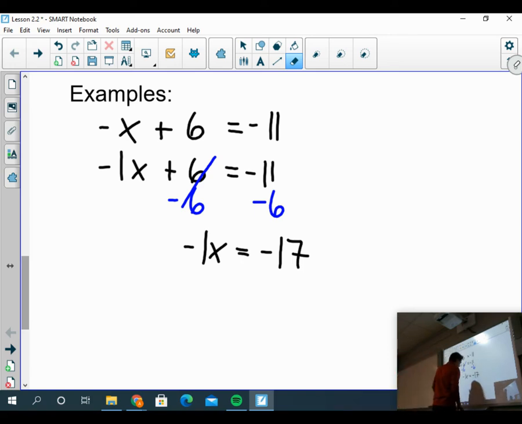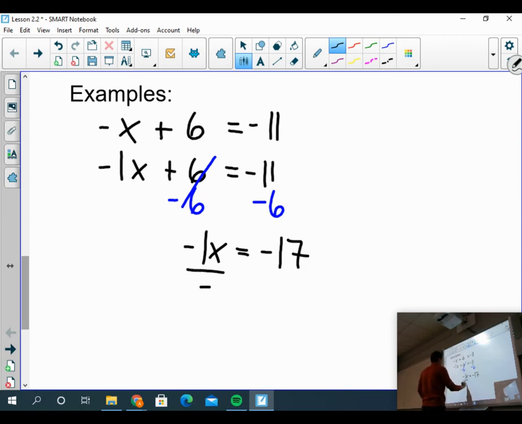Similarly, the negative 1 is being multiplied by the x, so I want to divide by negative 1. I divide both sides by negative 1. On the left side, because that's an inverse operation, it's just going to leave me with x. And on the right side, I have negative 17 divided by negative 1, which gives me positive 17.